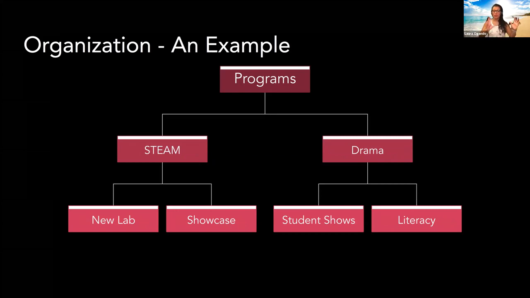Think about those key pieces that live within each of these buckets. If you have a really robust drama program, right, highlight the student shows. Maybe your drama program actually ties very much into the literacy work that happens on the school level, right? That's also really, really important.